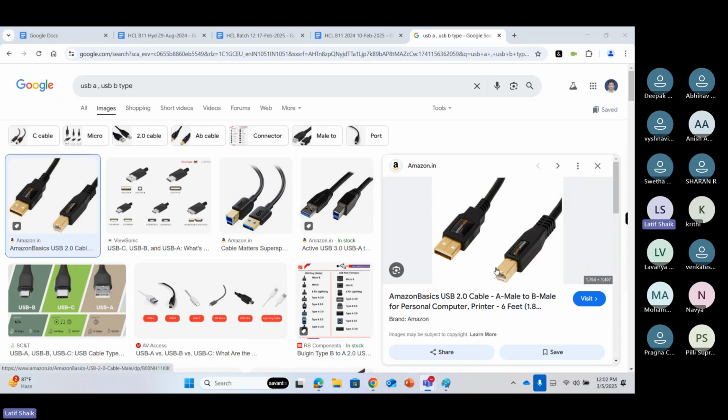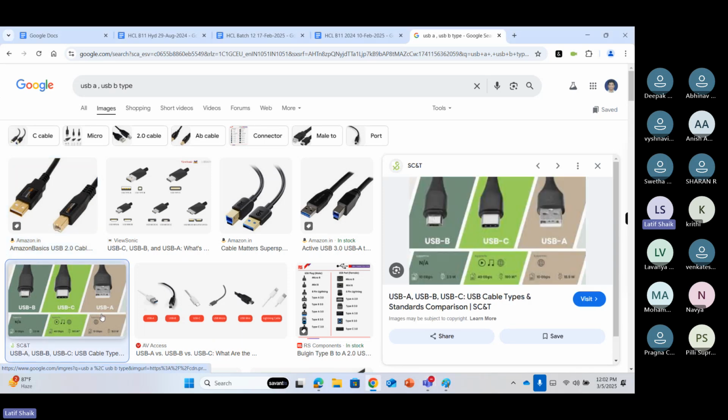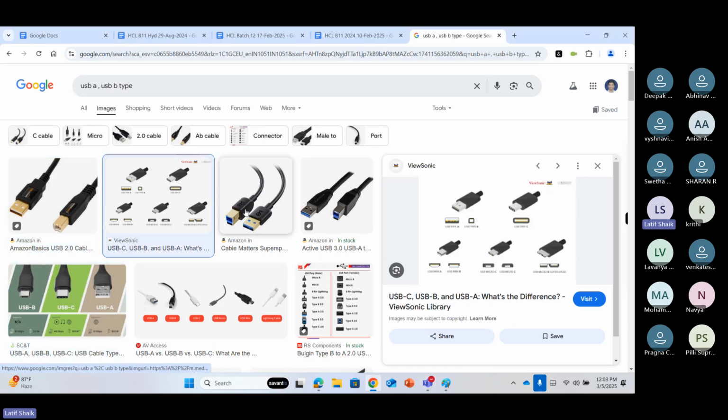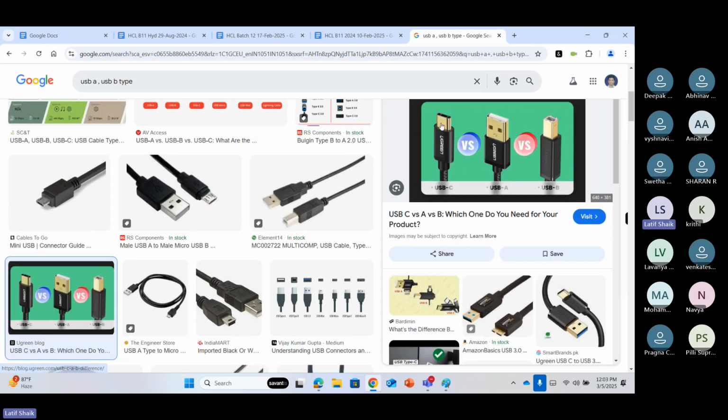This is B type, the exact B type. Of course, there are different B types also, like a small B type and mini USB. And C type ports, you already know, all current mobile phones are C type only. So this is mini A, mini B, B type, small B type. For the mobile phone charging cable, we use C type. This is C type, this is A type, this is B type. That's the difference in connectivity.